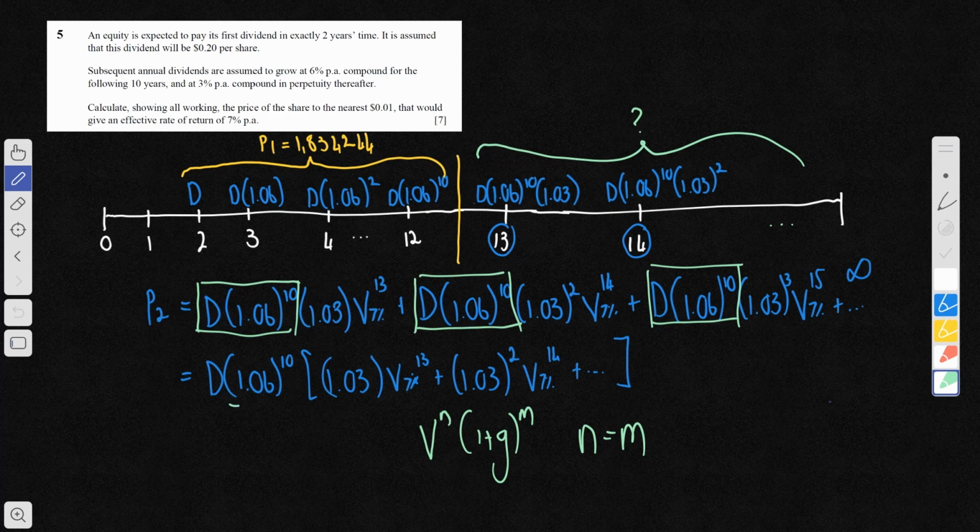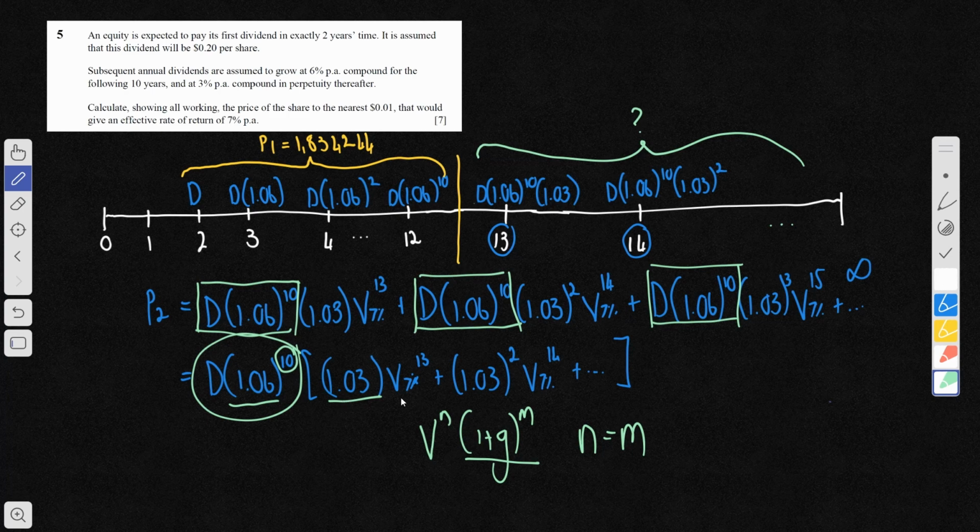Now, because there's a 6% and a 3% involved when writing down this equation, we have to eliminate one of these to work with a compound annuity formula. But you can see that the 1.06 to the power 10 is actually a constant. It is not in the following form because the exponent of 1.06 remains equal to 10. It's a flat number. So that's why we include that in a constant that is outside of the brackets.